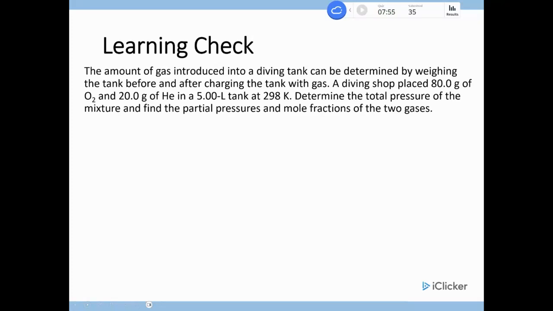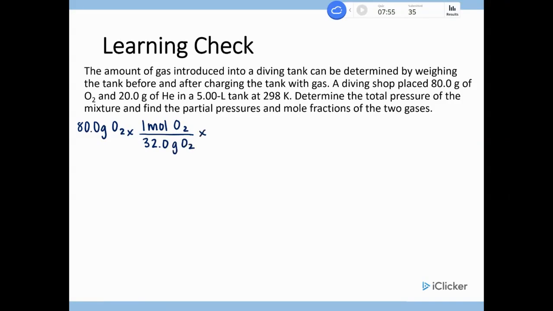So you probably started with mole fractions since that's what your iClicker was about, so we'll start there. We need to first determine how many moles of oxygen are present, how many moles of helium are present. We have 80 grams of oxygen. We use molar mass to calculate how many moles of oxygen are present.